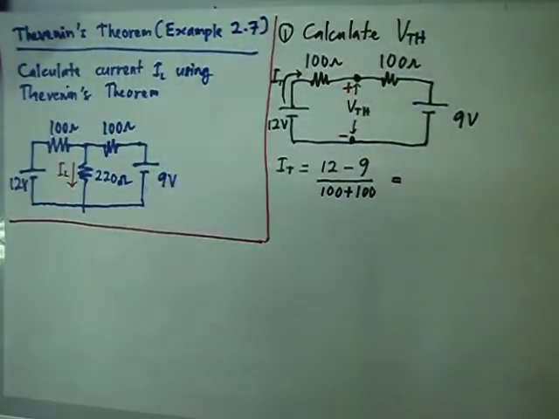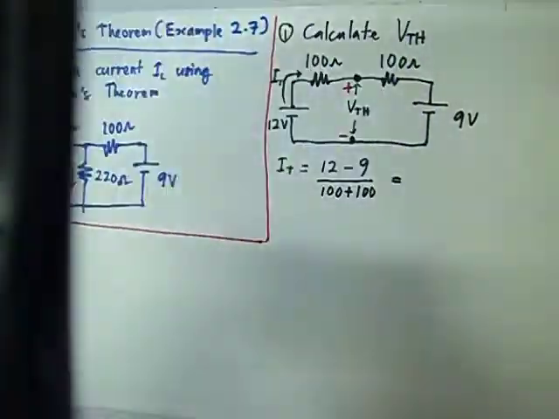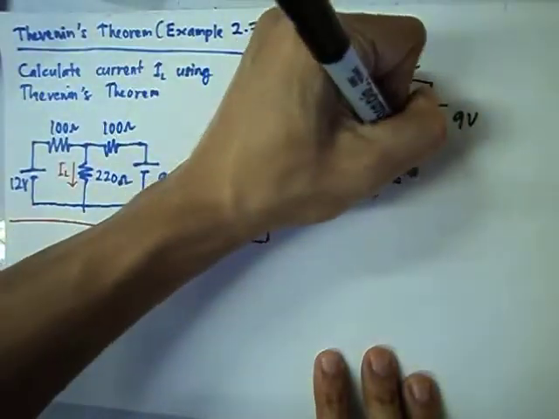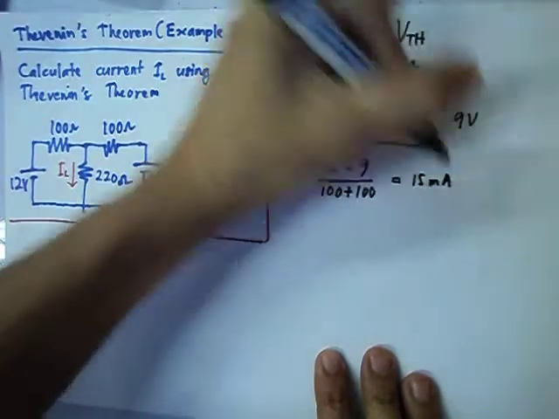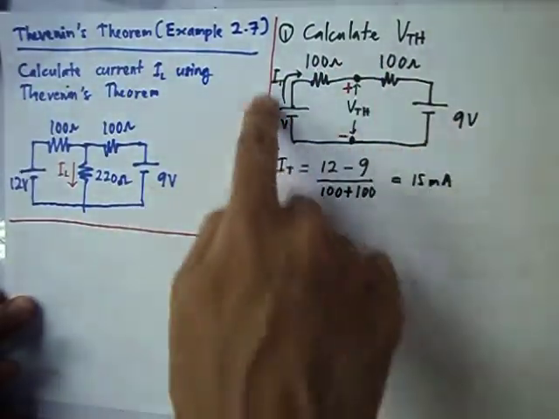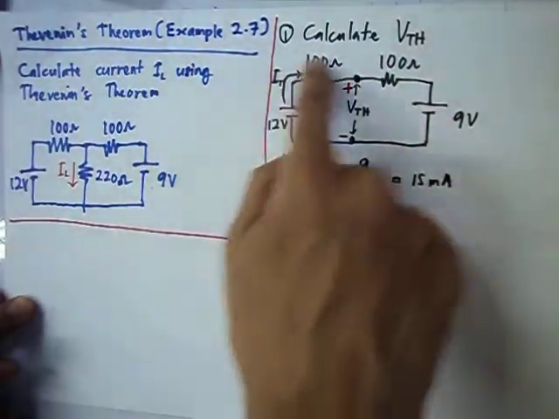So you have 12 minus 9, which is 3, divided by 200. We get 15 milliampere. This is IT, the current that flows through this circuit.